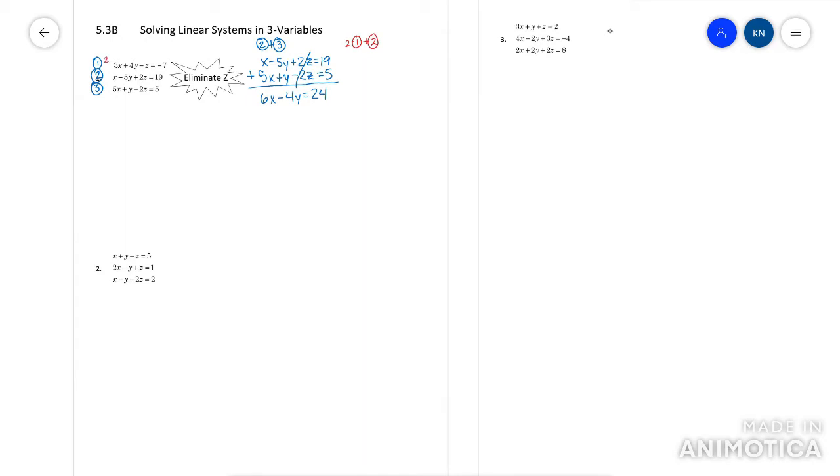I'm distributing a 2 to this entire top equation. Then equation 2 is the same. Now if I add these together, z cancels, which is what I wanted.